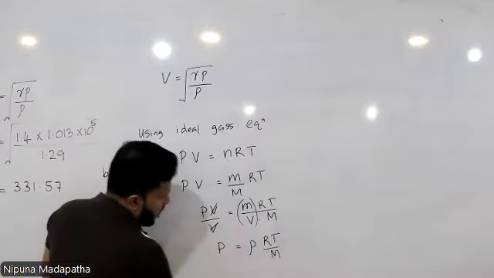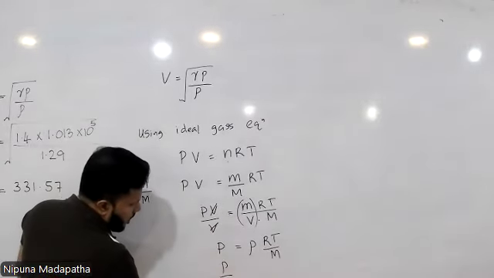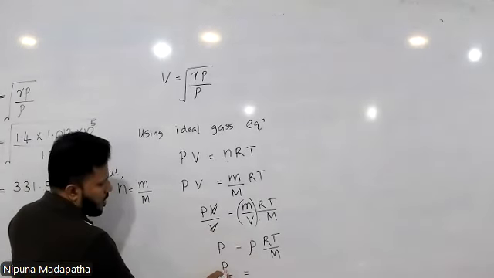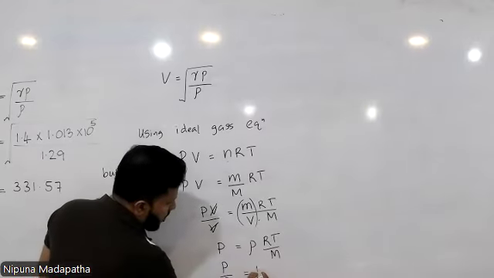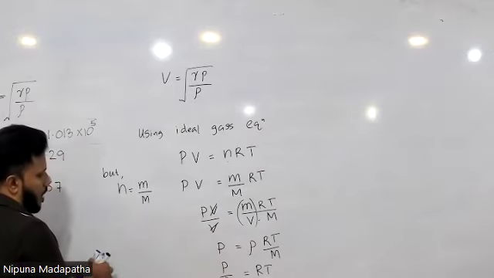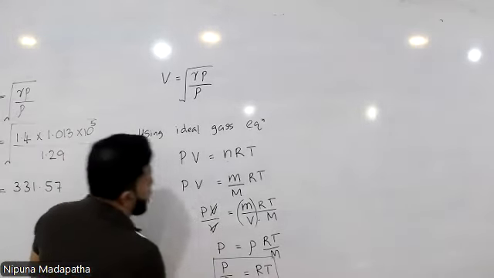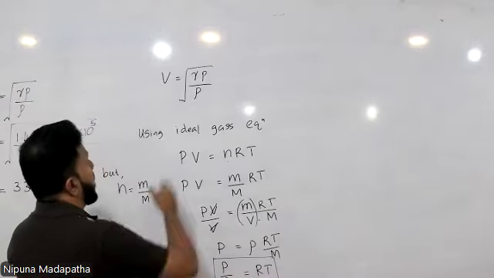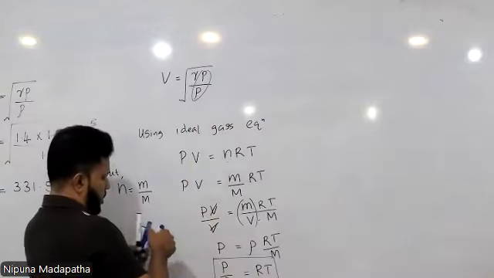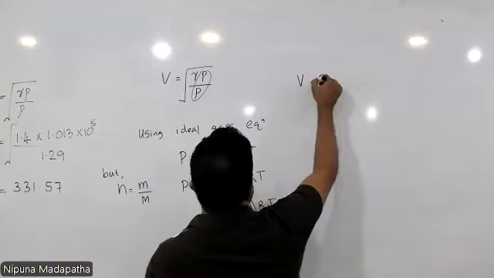P equals rho RT over M. Divide both sides by rho, so pressure divided by density is equal to RT over M. Now the equation is V equals the square root of gamma P over rho, so we have a P over rho term here.